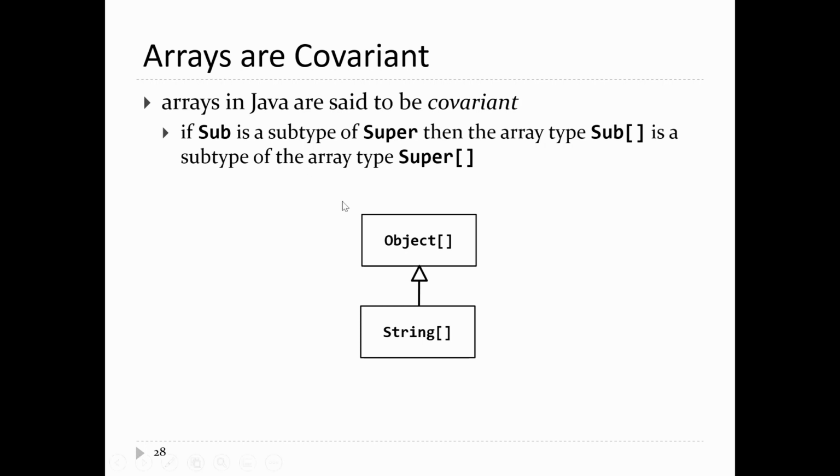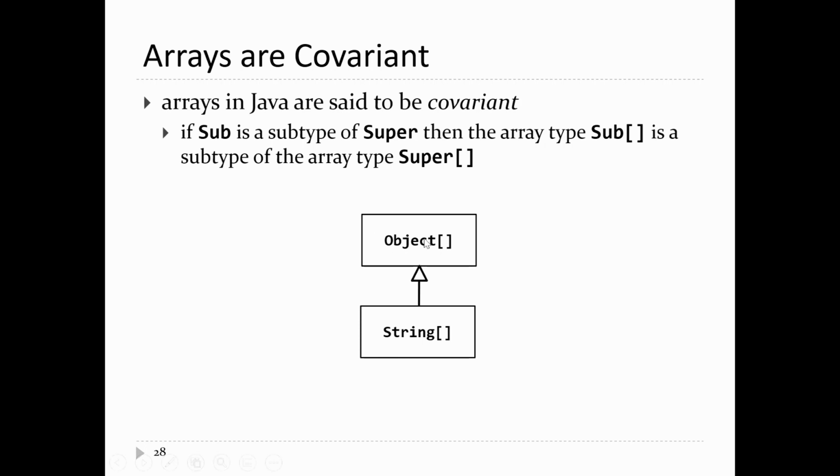Arrays in Java are said to be covariant. So if Sub is a subtype of Super, then in Java, if you have an array of Sub, you can use that when you need an array of Super. In other words, an array of Sub is considered to be a subtype of an array of Super.